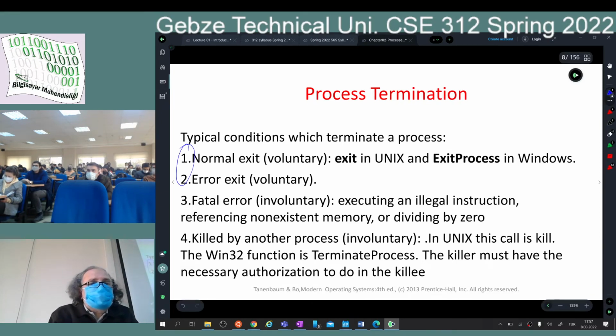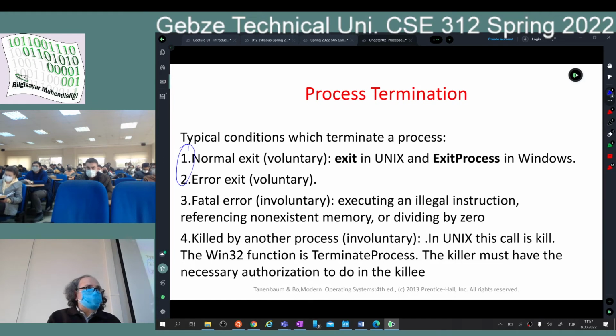But then there is another, involuntary way of exiting your program. You try to access an illegal memory location, a memory location that doesn't belong to you. You try to, for example, change the page table, which only privileged CPU mode can do, or you try to divide by 0, which will cause a hardware interrupt, etc. Those are the fatal errors, involuntary. For fatal errors, the operating system will know that you did something bad by the help of the hardware.